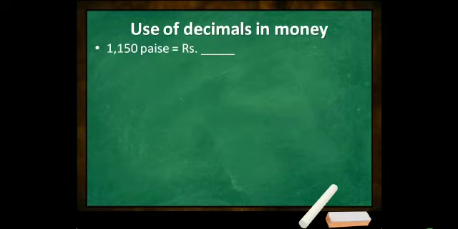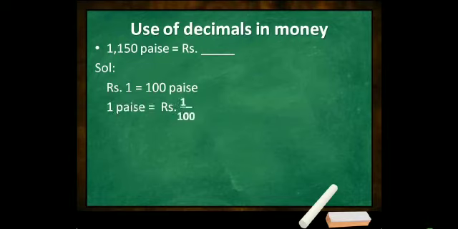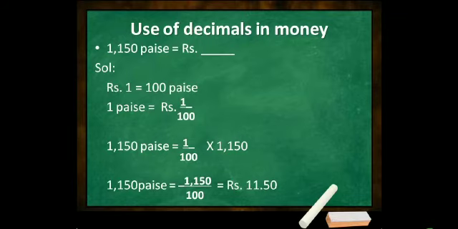Now 1150 paise, you have to convert it into rupees. So 1 rupee is equal to 100 paise. 1 paise you can write as rupees 1 upon 100 also. Now when you multiply 1150 paise with 1 upon 100, you will get 1150 upon 100.